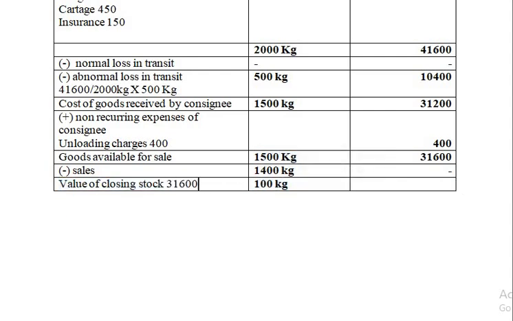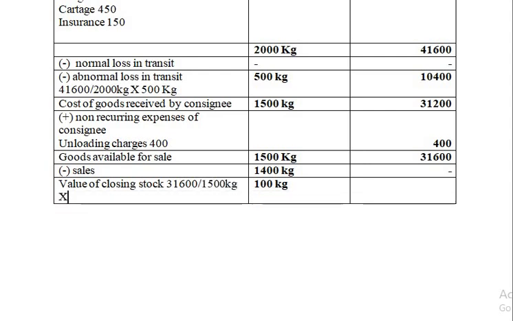So 31,600 divided by 1500 kg, multiplied by 100 kg. You will get 2,106 rupees. This is the value of closing stock.